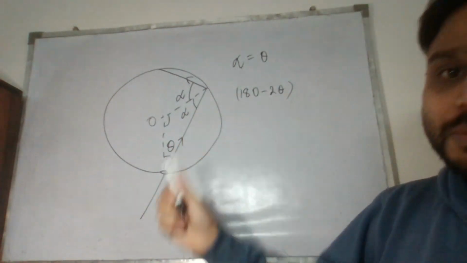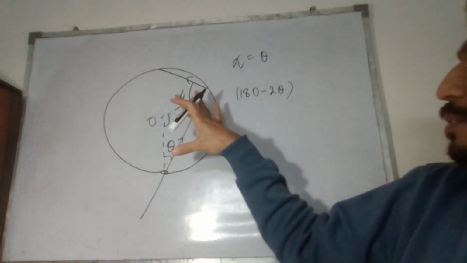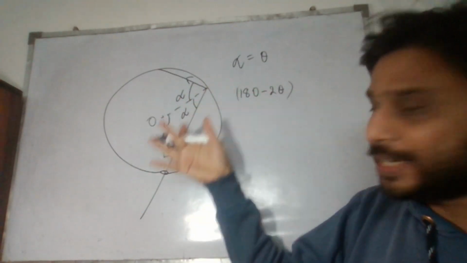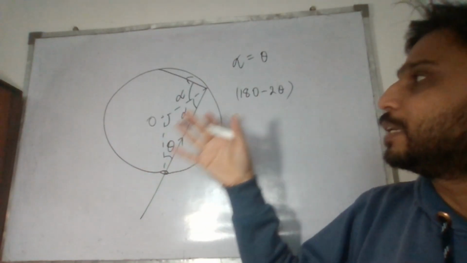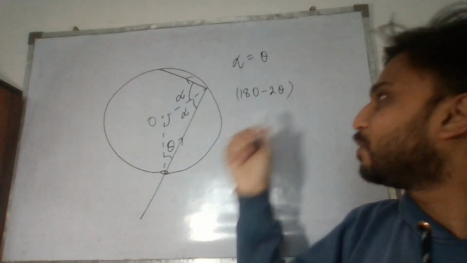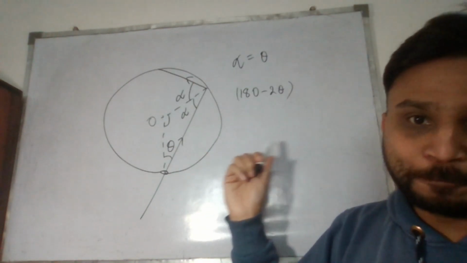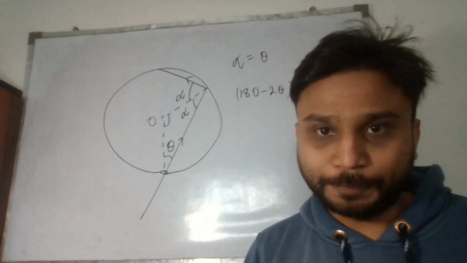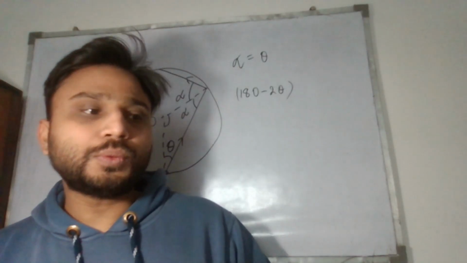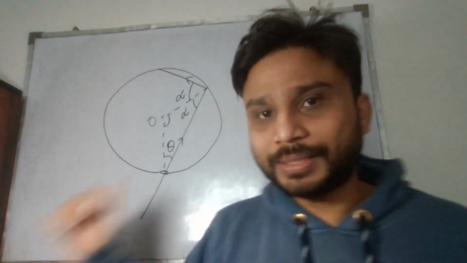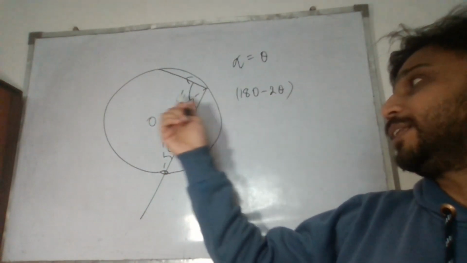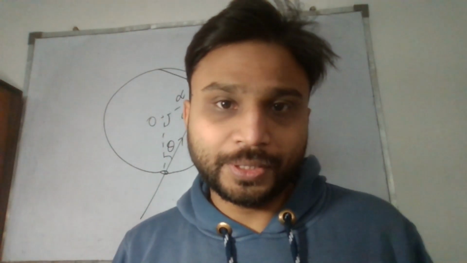So that means all line segments which are made by this ray will subtend the same angle, which is 180 minus 2 theta at the center of the circle.